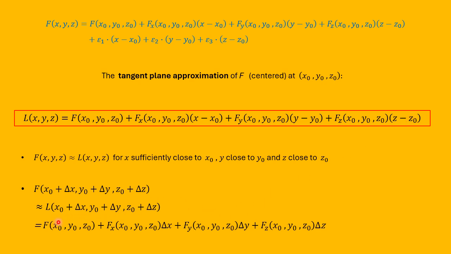We have f at this point plus the partial of f with respect to x at that point times delta x plus the partial of f with respect to y at that point times delta y plus the partial of f with respect to z at that point times delta z.